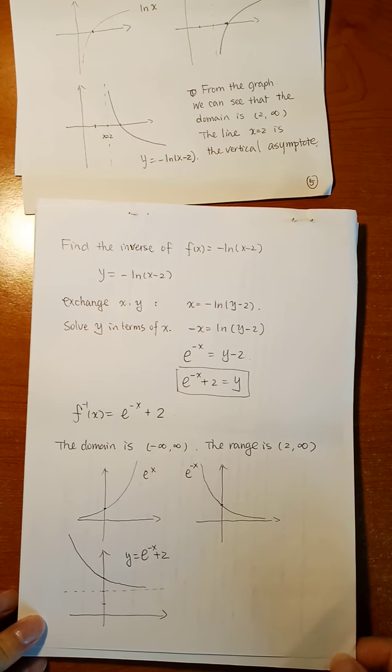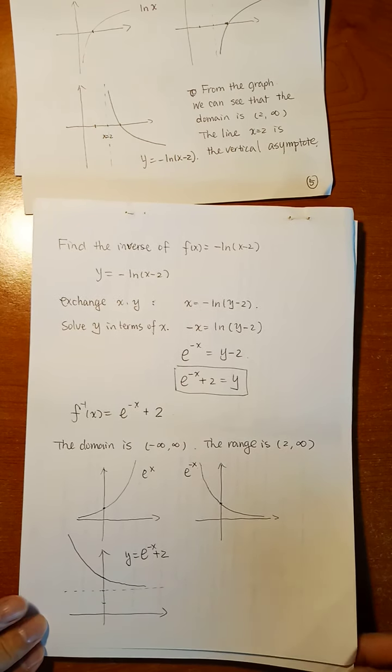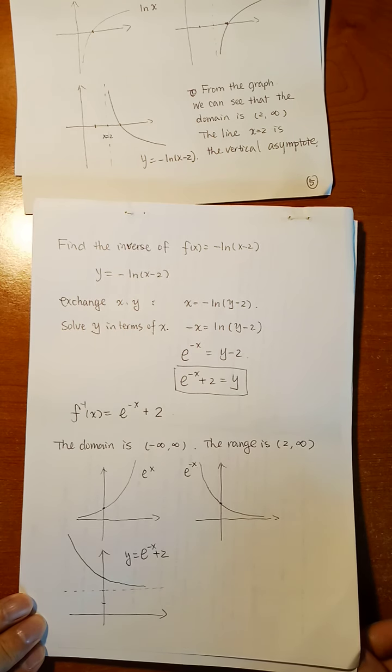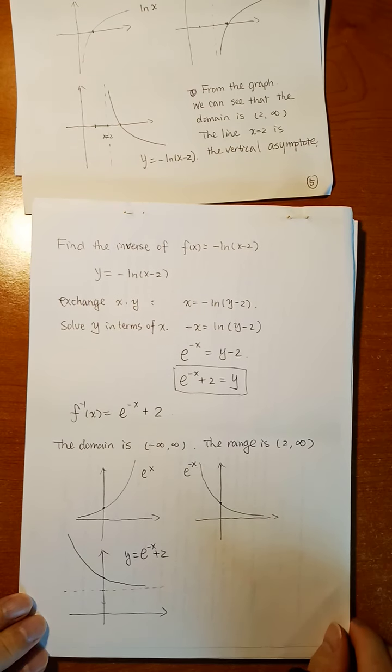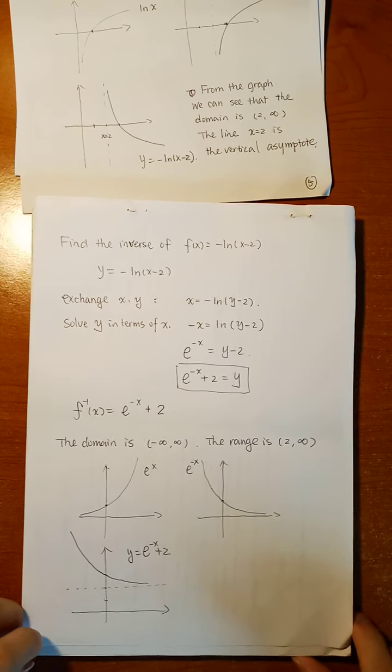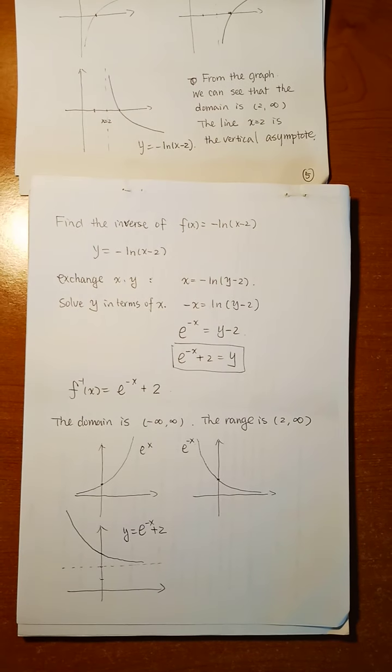I mean, we can find the domain, we can find the range, we can determine the graph, we can move the graphs, we can find the inverse. Now we just do it for the logarithmic function and the exponential function. They are a perfect pair of inverse functions.